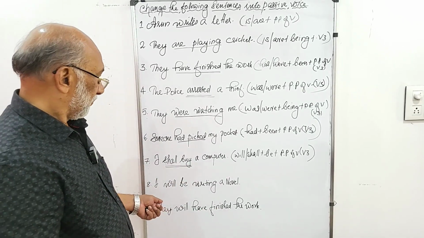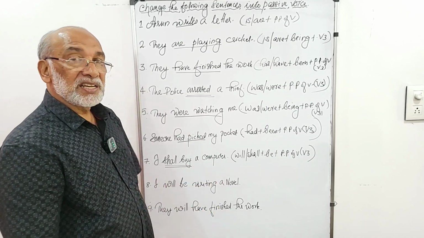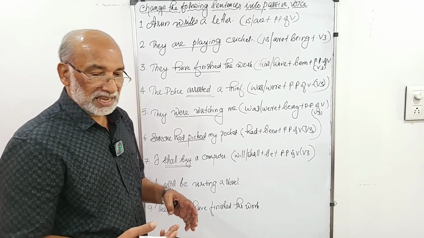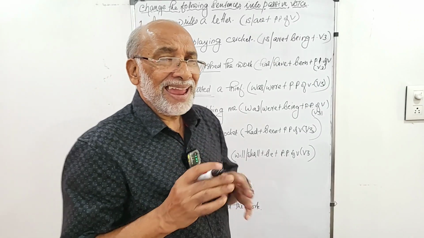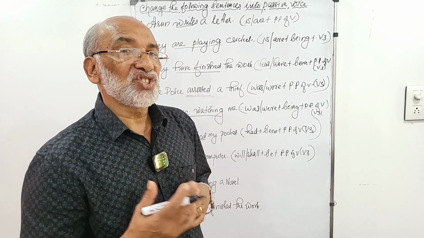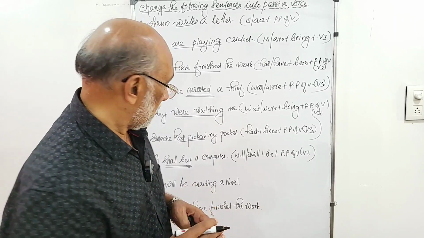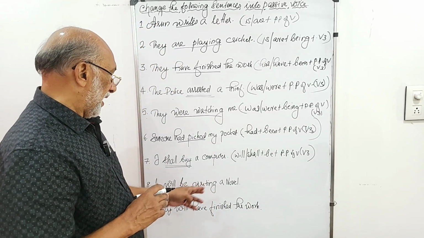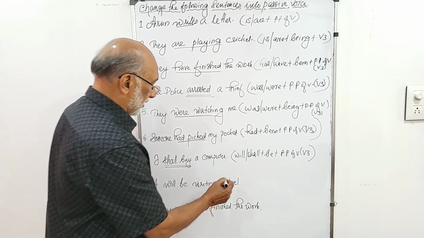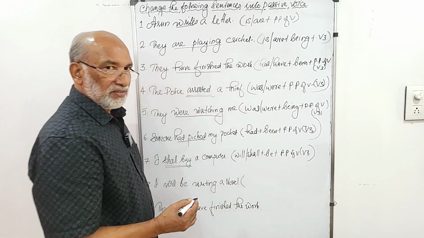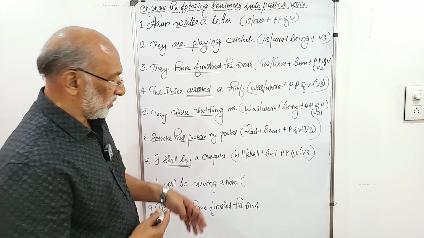Then eighth one, I will be writing a novel. That is future continuous tense. As I said, formerly we didn't have the passive structure for future continuous tense, but these days we use it. So I will be writing a novel. Here the structure will be a little bit different. Be plus being is there.